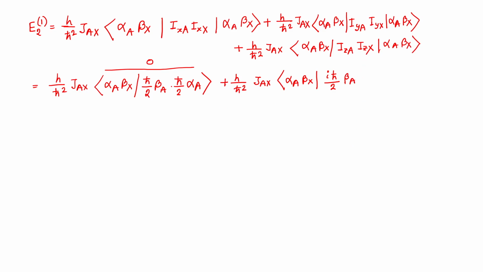What about when Iy operates on beta? That time you are going to get minus ih cut by 2 alpha X. Obviously the wave function will change. And again you see this is an orthogonal condition, so overall this is going to give 0, because alpha A beta X integrated with beta A alpha X. So those are orthogonal wave functions.